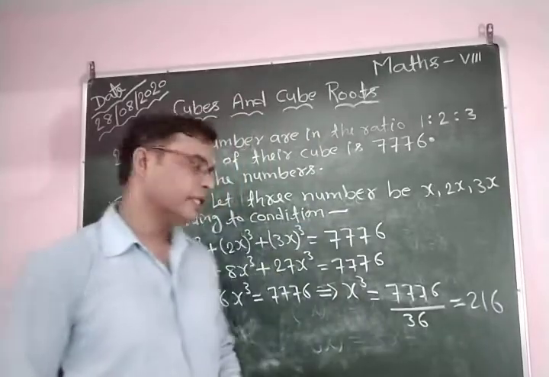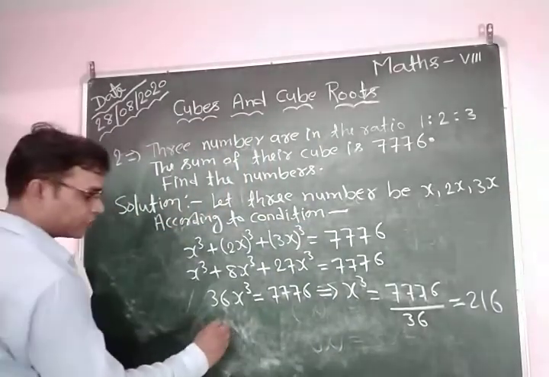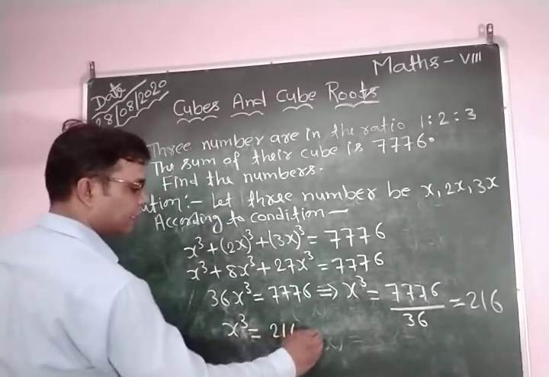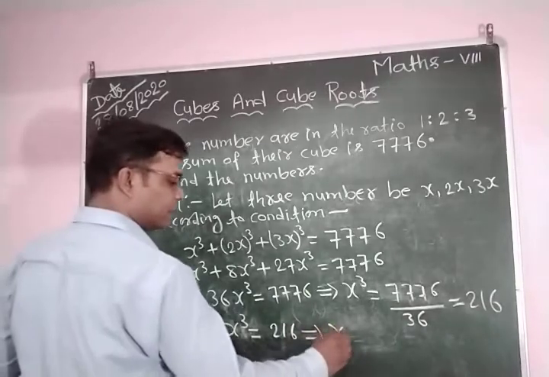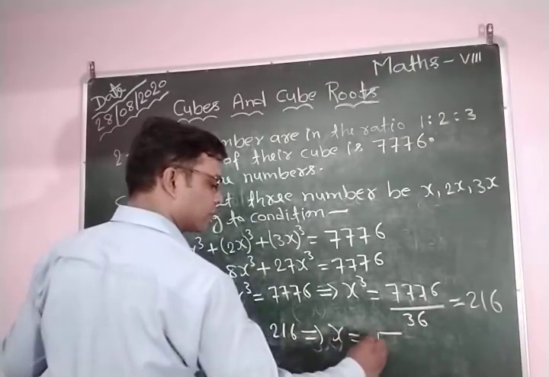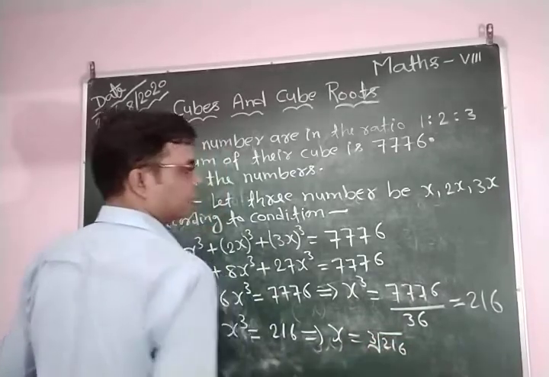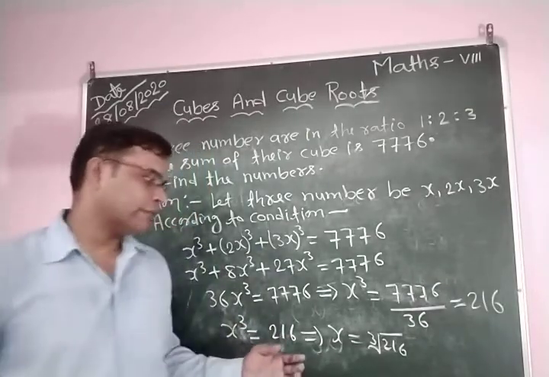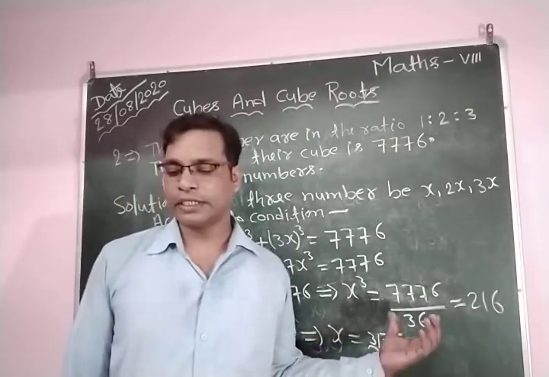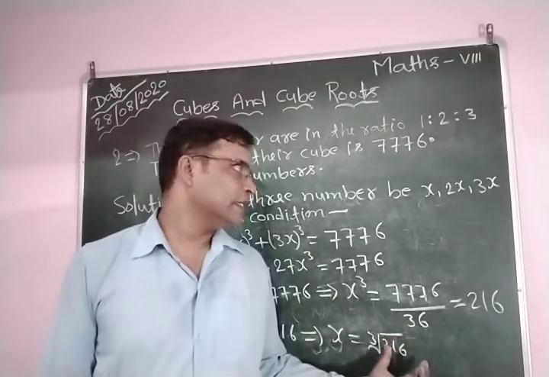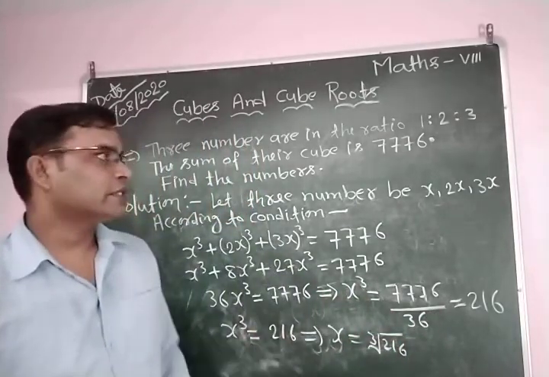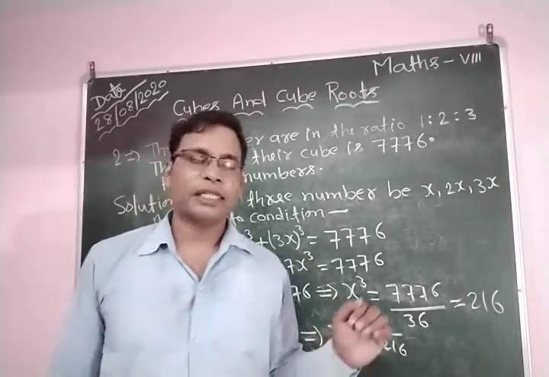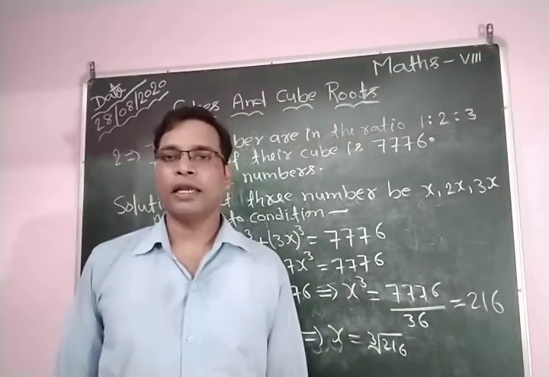It means that x cube is equal to 216, or the value of x is equal to cube root of 216. After we find the cube root of 216, this is equal to x, and the numbers are: x means 6, 2x means 2 into 6, 12, 3x means 3 into 6, 18.